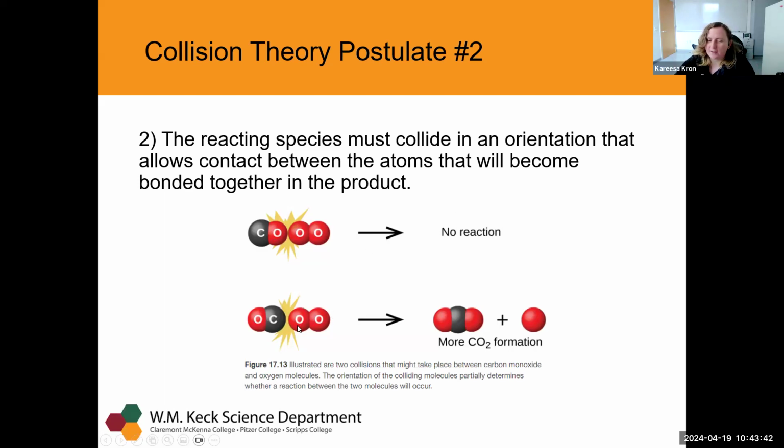If, however, the oxygen gas runs into the carbon with enough energy, then it could form CO2. So your chemical compounds need to interact in the same orientation, and the likelihood that they reach that orientation also affects the likelihood that you get a particular reaction.